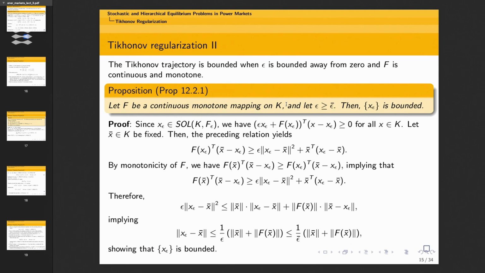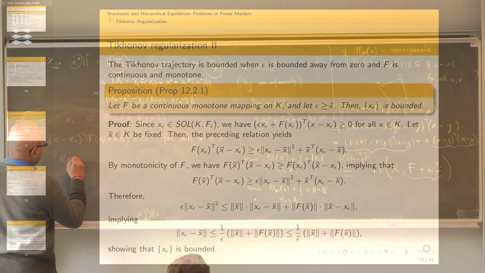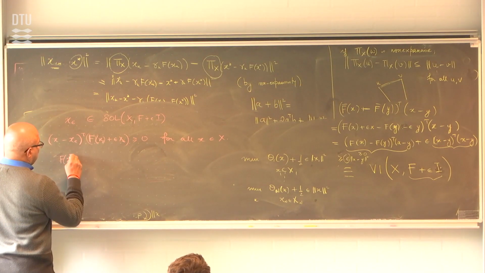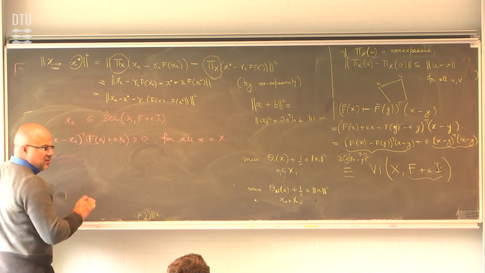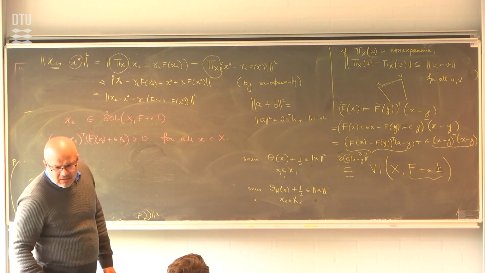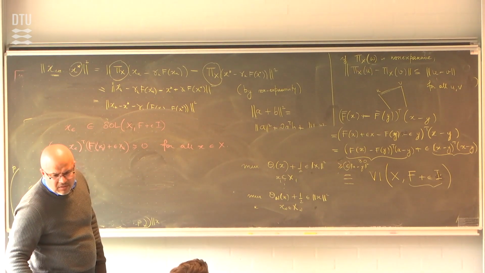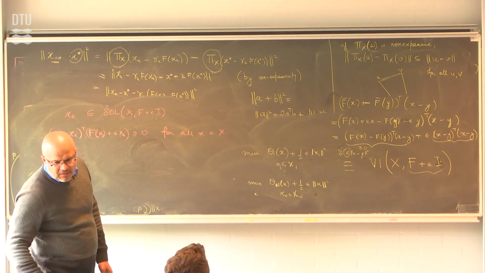So, if I have some x bar, so I have f of x epsilon, sorry, transpose. Okay.